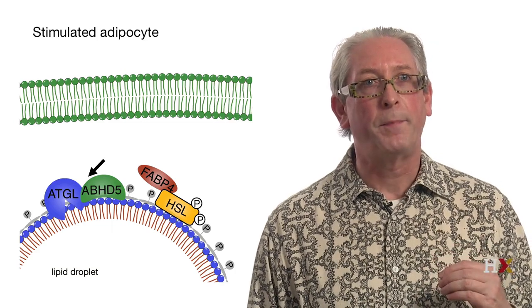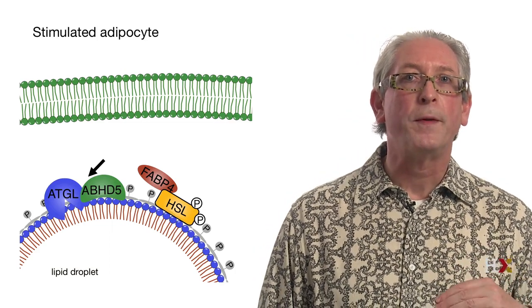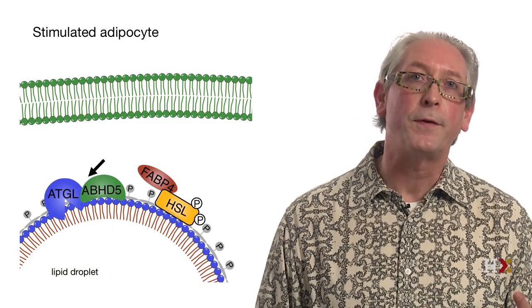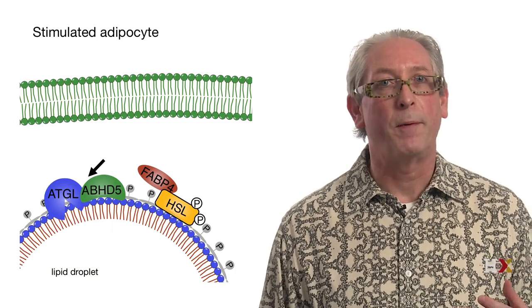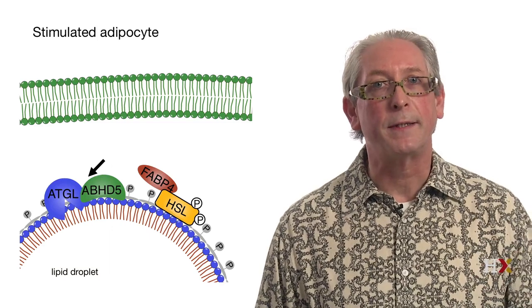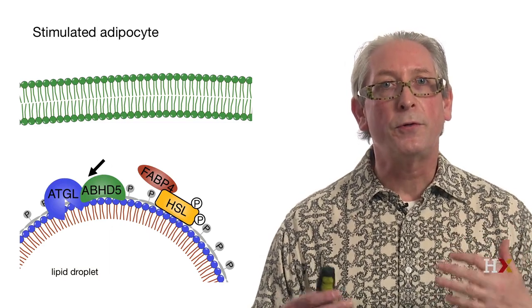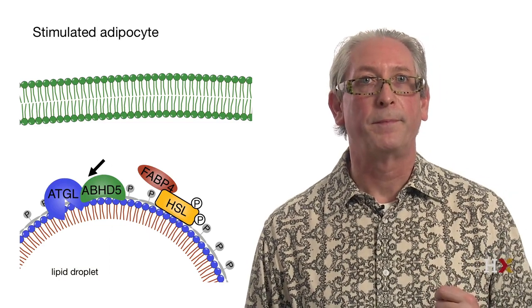The phosphorylation of perilipin will also create a remodeling of the perilipin layer at the surface of the lipid droplet and will increase the access of enzymes to the surface of the lipid droplet.